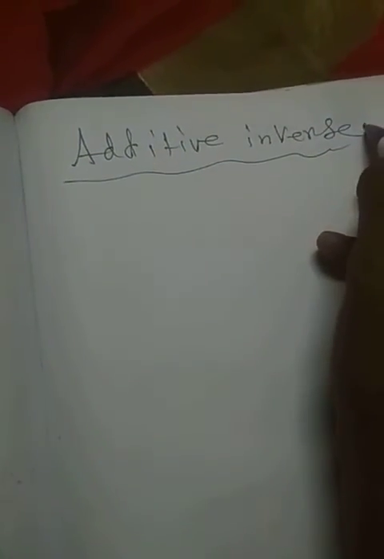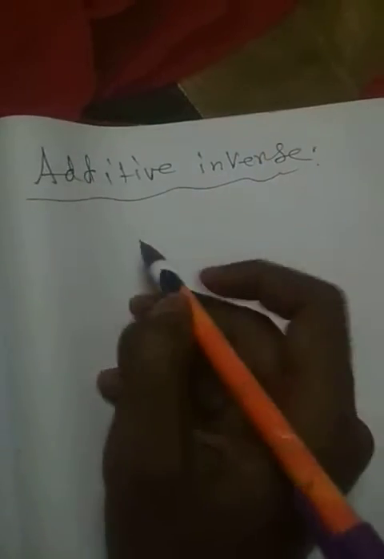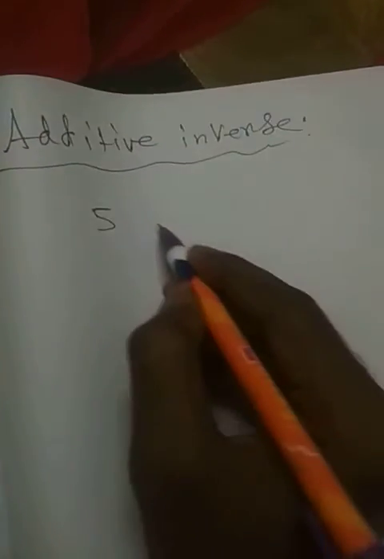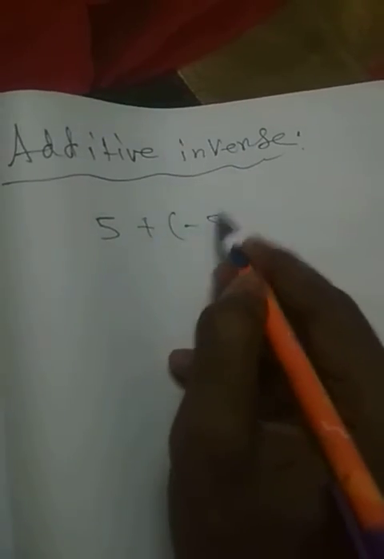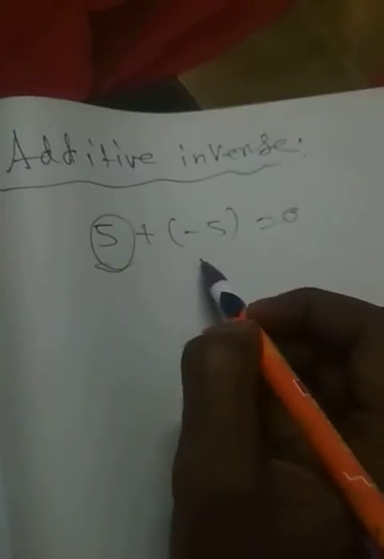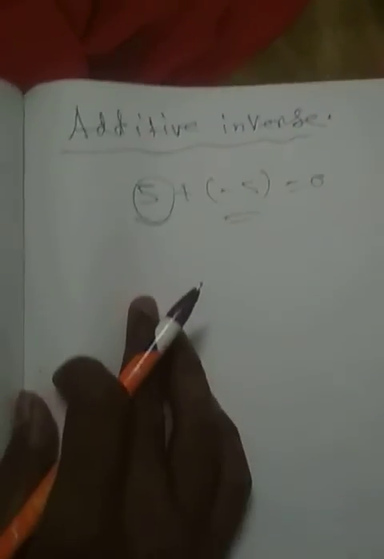Next, additive inverse. What is additive inverse? Like 5, what number should be added to 5 to get 0? That is minus 5. So the additive inverse of plus 5 is minus 5.